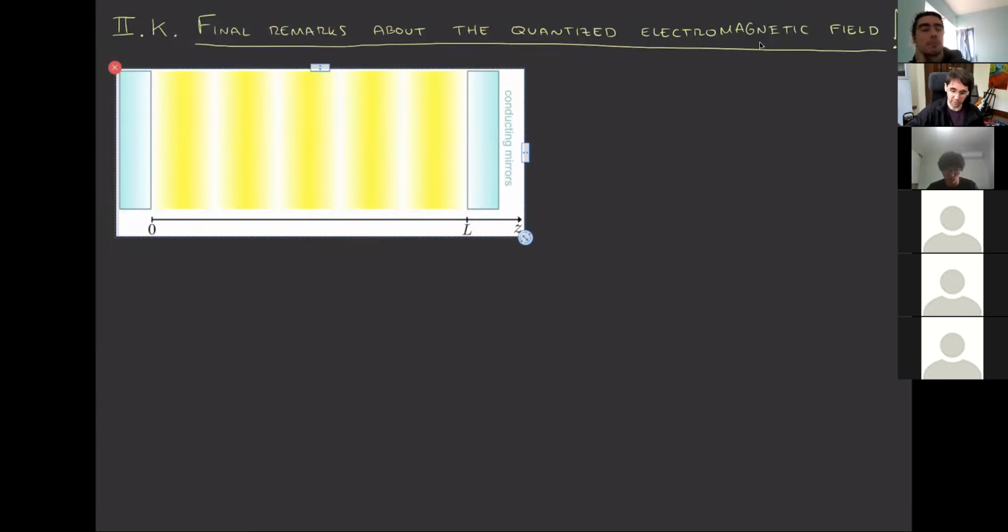An optical cavity, we defined it in this way: basically two mirrors which are perfectly reflecting and separated by a distance L. And then one of the things we found is that inside this optical cavity, not every frequency is allowed, but we have some mode frequencies.